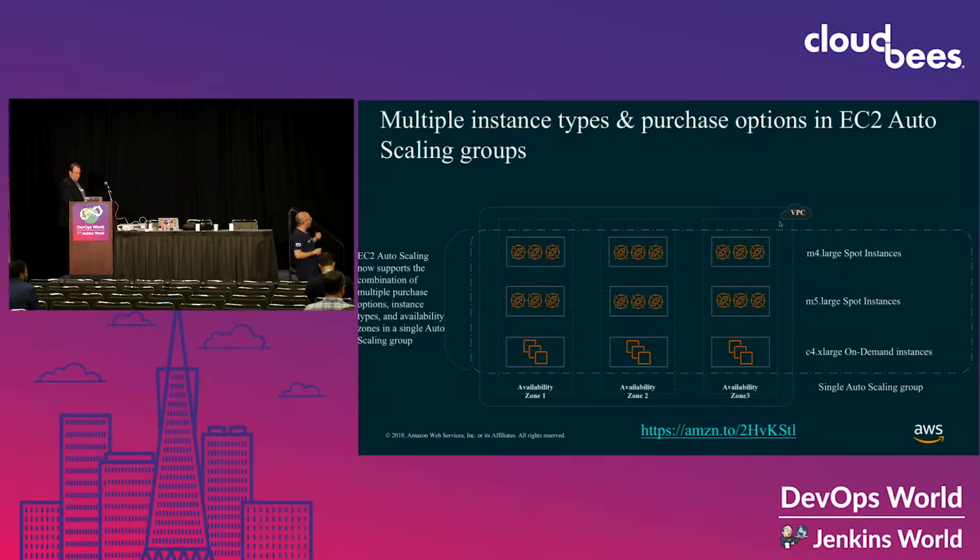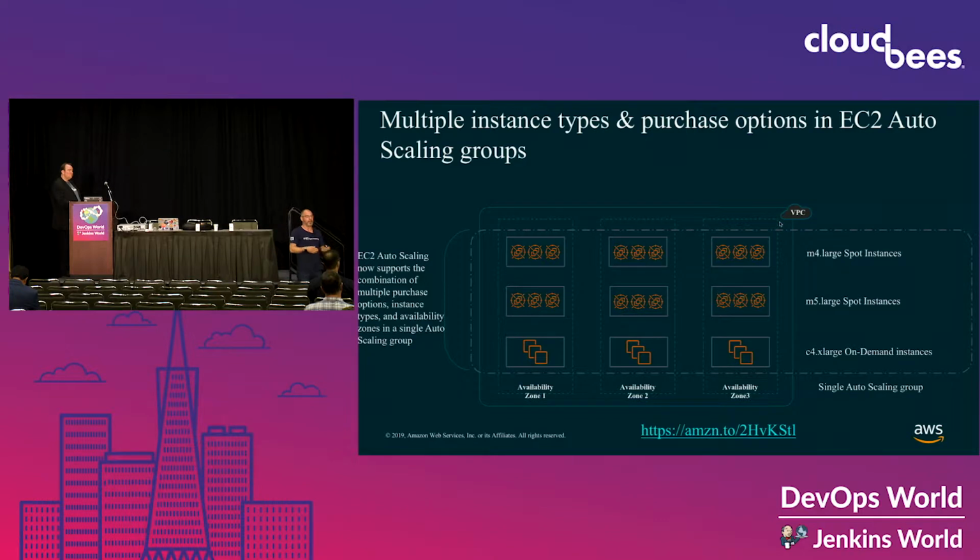So we were able to make some changes to auto scaling late in 2018. Before that, if you wanted to use Spot instances and On-Demand instances at the same time, and even different instance types, so let's say an M5 and an M4, you actually had to create a separate auto scaling group for each one of those.